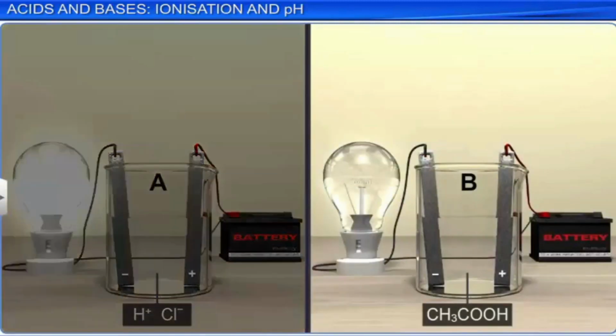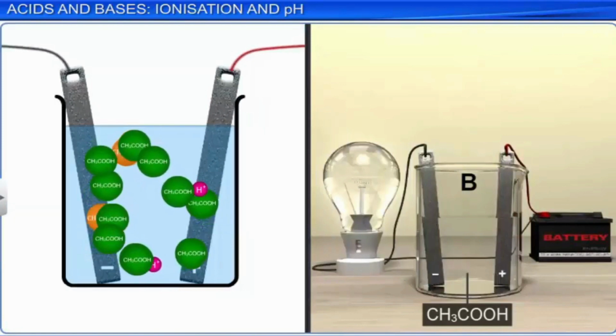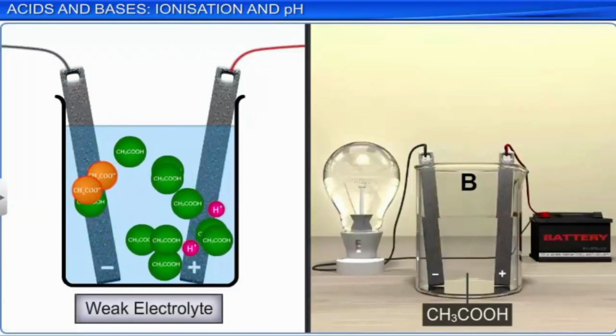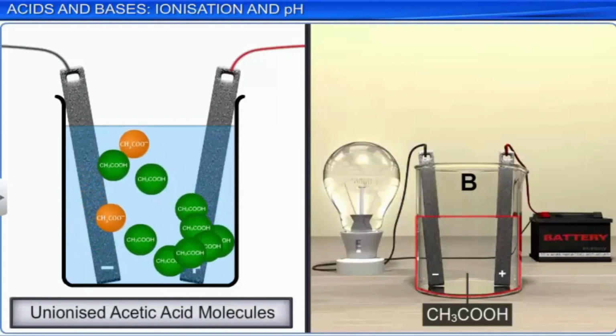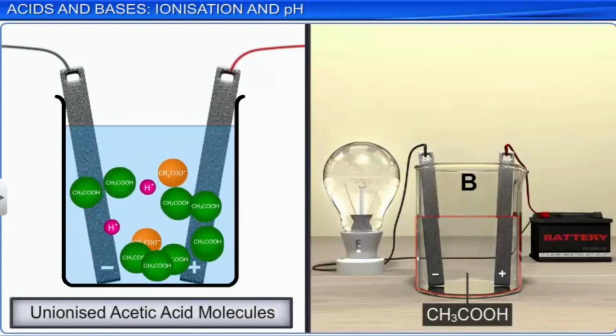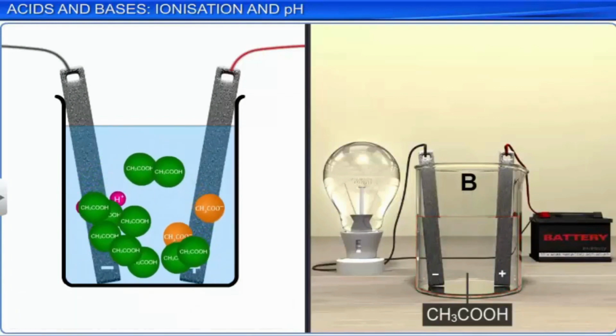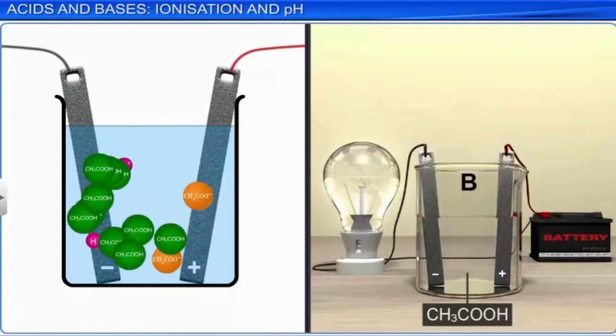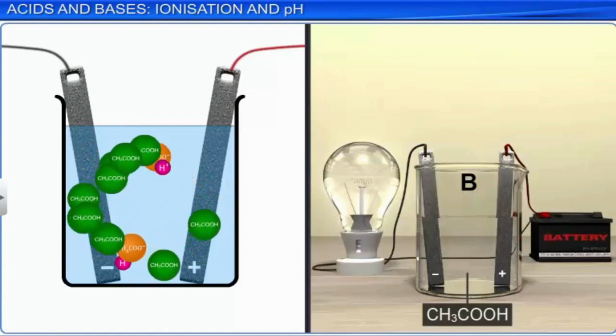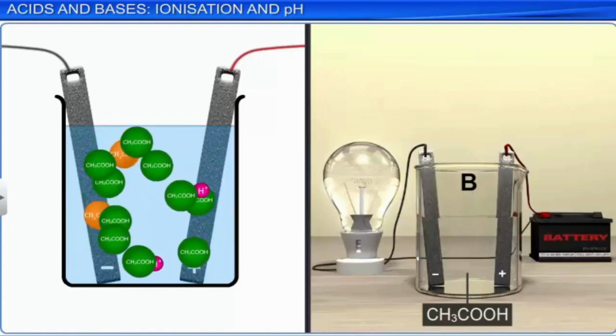Acetic acid, on the other hand, is a weak electrolyte and undergoes very little ionization. Thus, the solution contains mostly unionized acetic acid molecules. Therefore, very few ions are available to conduct electricity, and so the flow of electric current is weak.